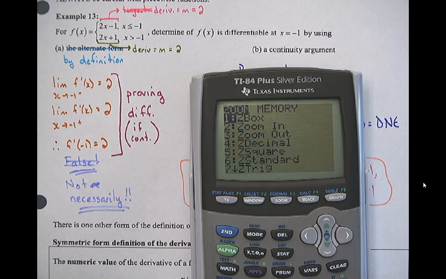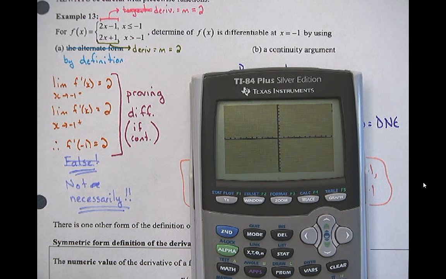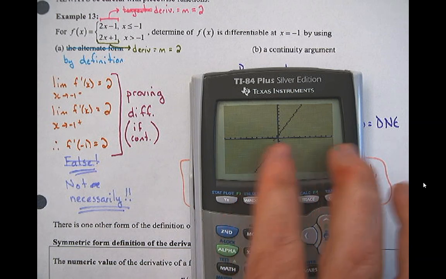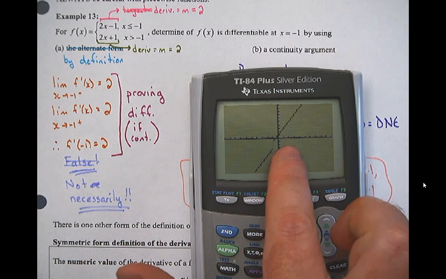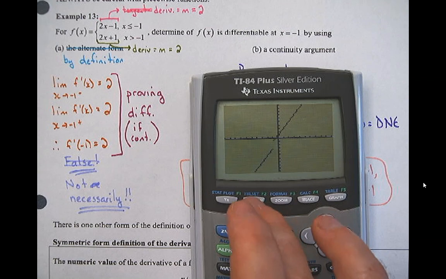I'm going to do a zoom 6 just to give me a good window, and then negative 3 to 0.